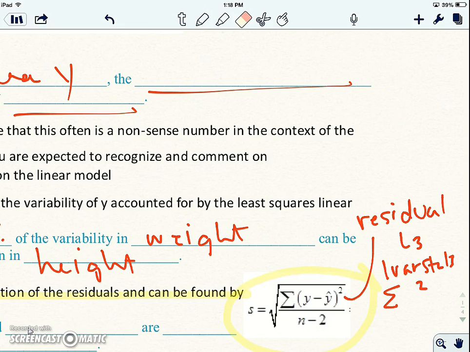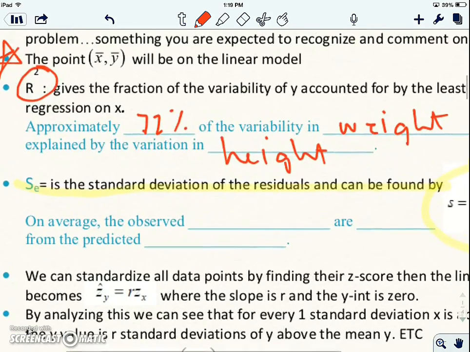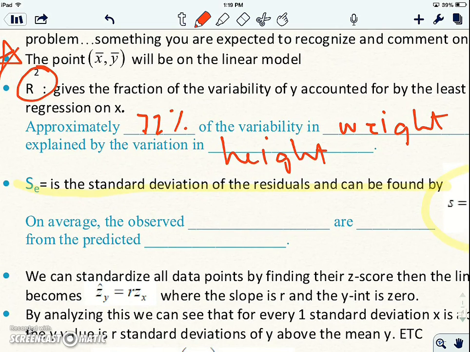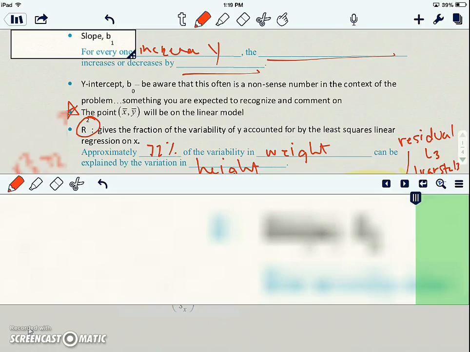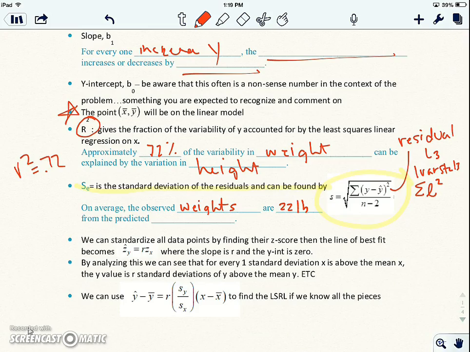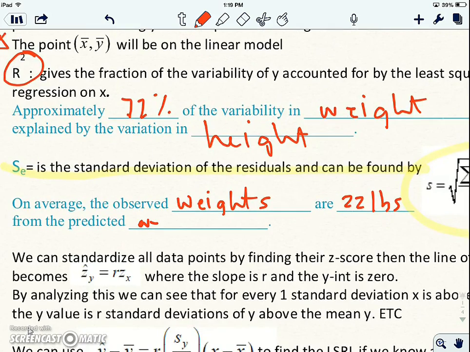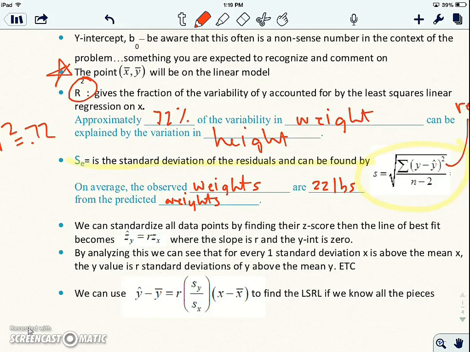And I shouldn't use x bar because that's what you get in the calculator, but it would be the sum of the errors. Okay, and then you interpret that: on average, the observed weights are maybe 22 pounds, if that's what we found s to be, from the predicted weights. So this is just kind of a review of what we've discussed.